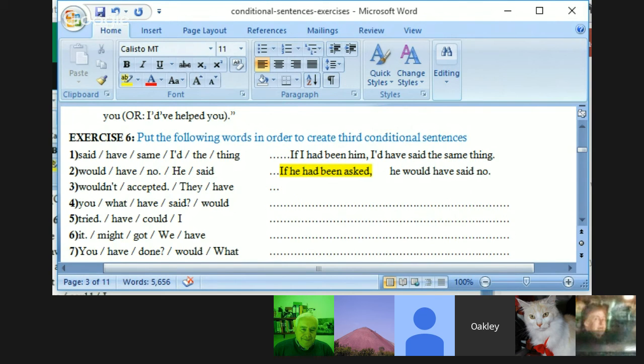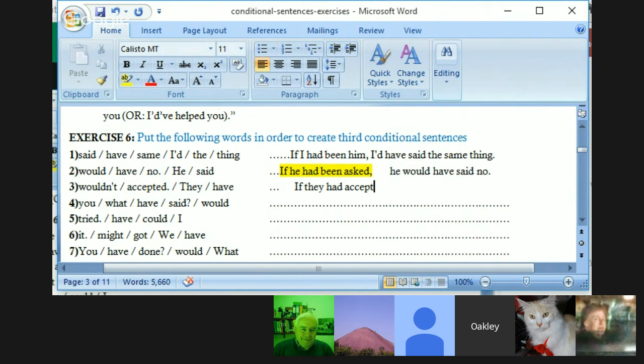Let's see, Sandra, you want to give this a try? Maybe do it backwards. Give me the result clause first, and then see if you can figure out the if clause. If they have accept... Okay, accept, yeah.